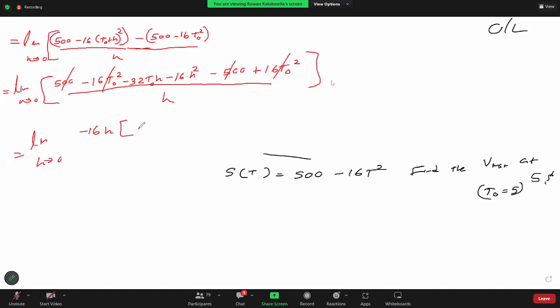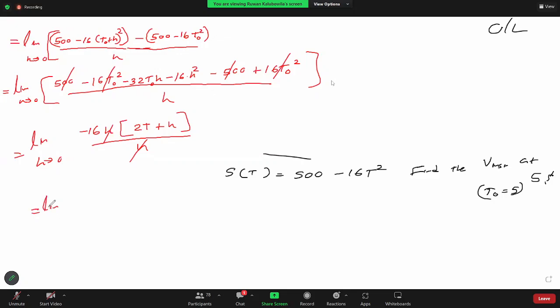Then we have 2t plus h, divided by h. So you can cancel out h here.